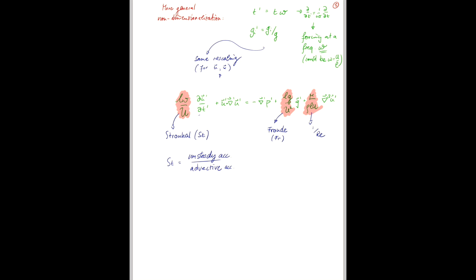So that really gives you an insight of how those two relate. And the Strouhal number, for example, tells you how quickly you're shedding vortices behind an airfoil, for example.